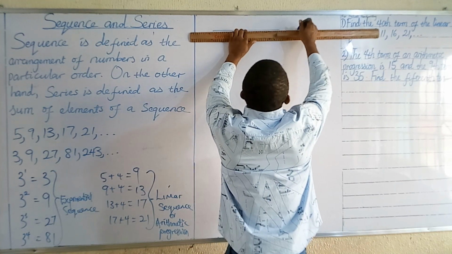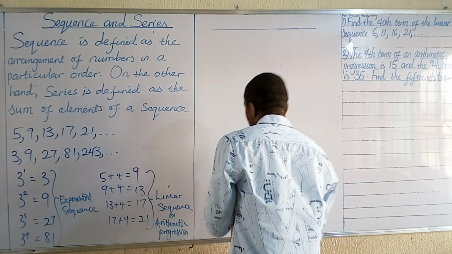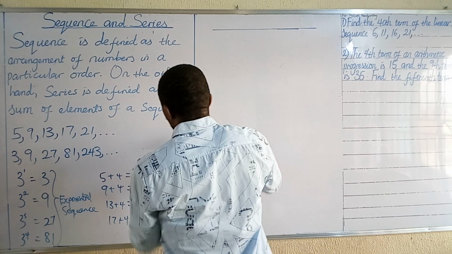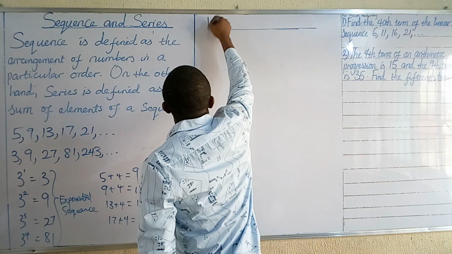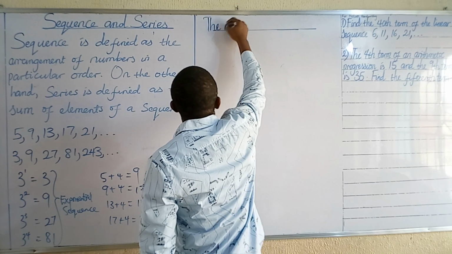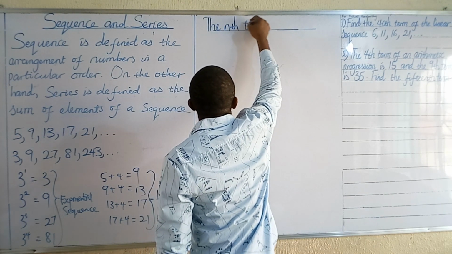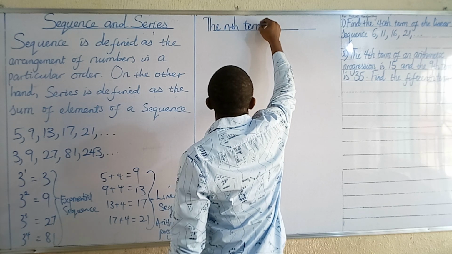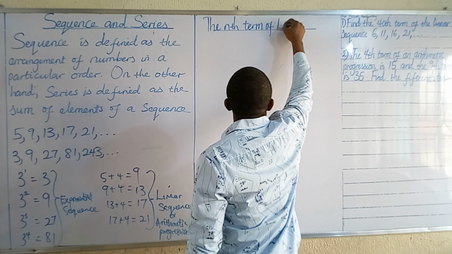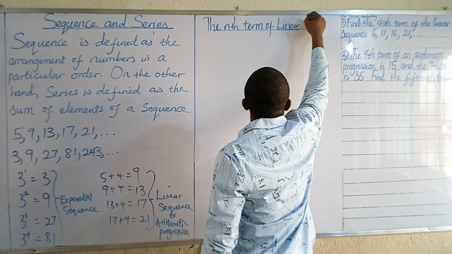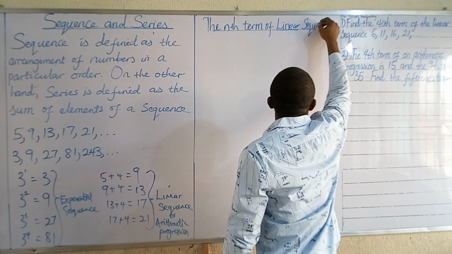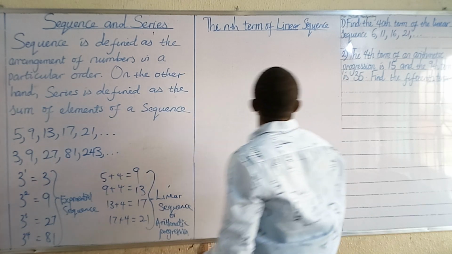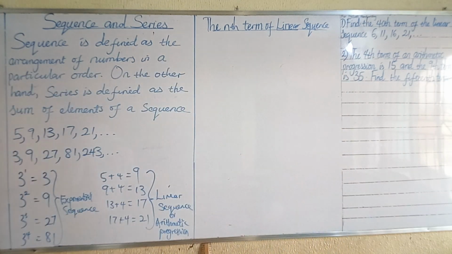Remember, we have the two types of sequence, the exponential sequence and the linear sequence. The nth term of linear sequence is what we have next.